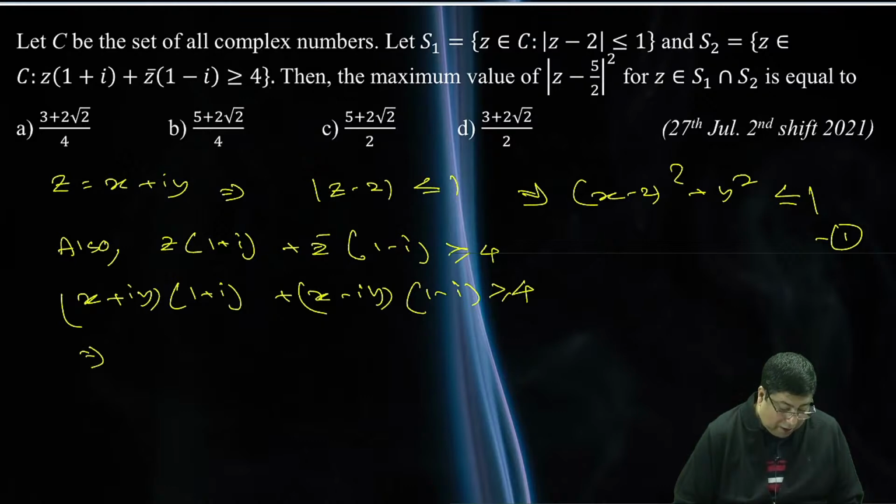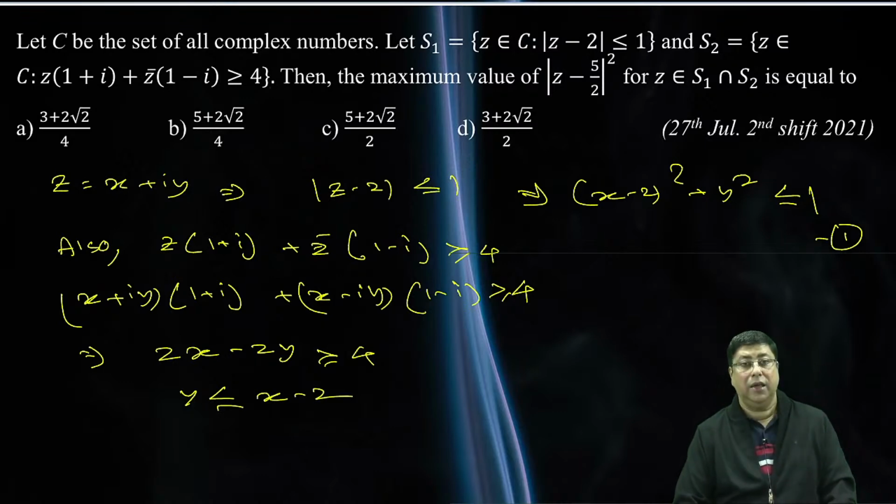So, if we expand, the x terms give 2x, and if we take the I square, it means y minus 2y greater than equal to 4, all others are getting cancelled, so y less than equal to x minus 2. So, 1 is the circle and 1 is the line.